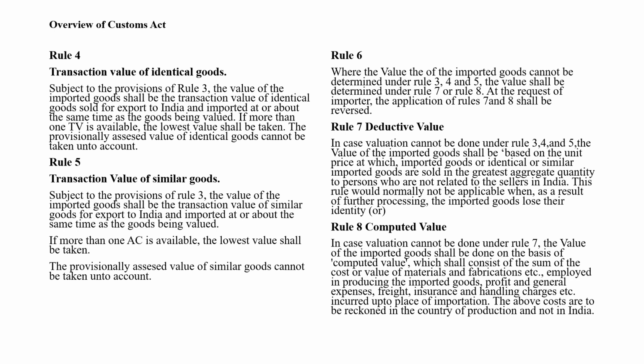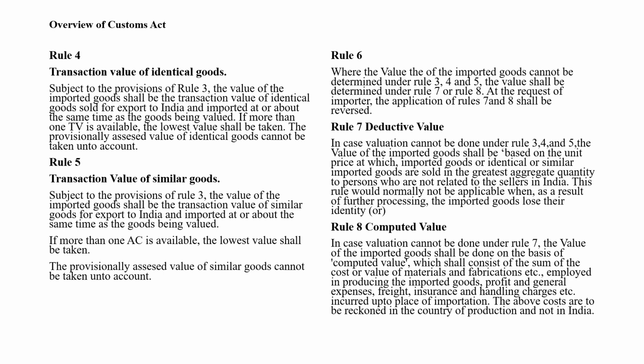In case valuation cannot be done under Rule 3, 4 and 5, the value of the imported goods shall be based on the unit price at which imported goods or identical or similar imported goods are sold in the greatest aggregate quantity to persons who are not related to the sellers in India. This rule would normally not be applicable when, as a result of further processing, the imported goods lose their identity.